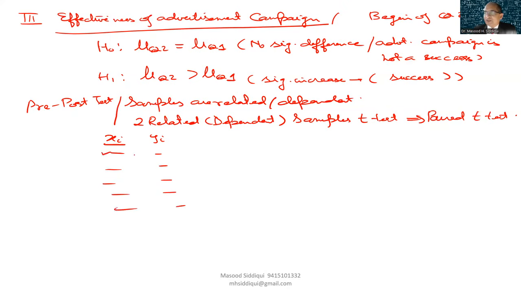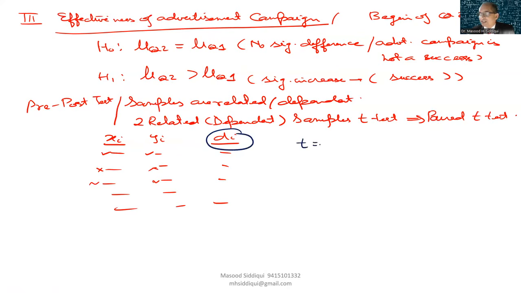Here the comparison would be this and this, this and this, this and this, right? So we will have one more random variable, di, which is the difference of these two values. And this paired t-test is applied not on xi and yi, it is applied on di.